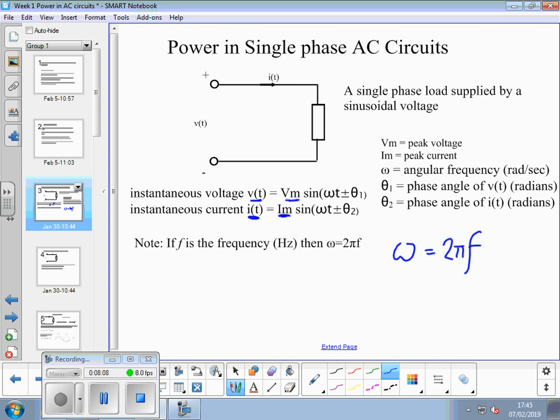We're going to look later where we've got current and voltage out of phase with each other, and so they've got different angles. You should have already seen voltages and currents expressed in that maximum times the sine of omega t plus or minus a phase angle form earlier on in your studies at some point.